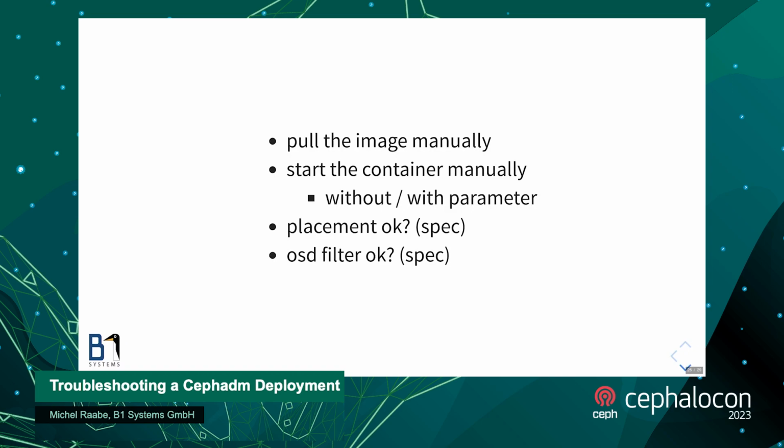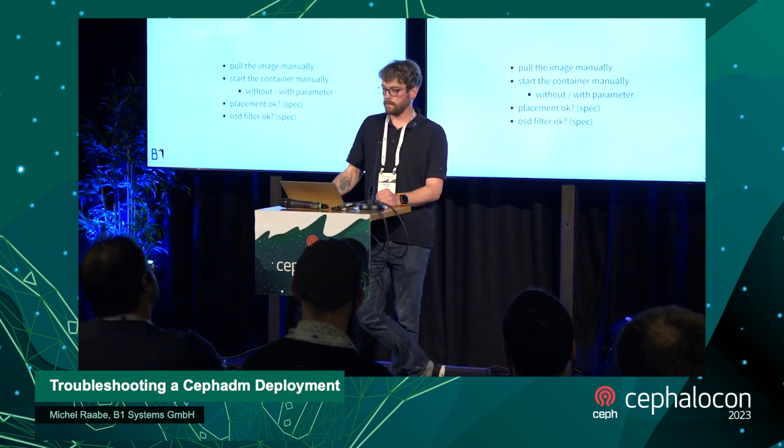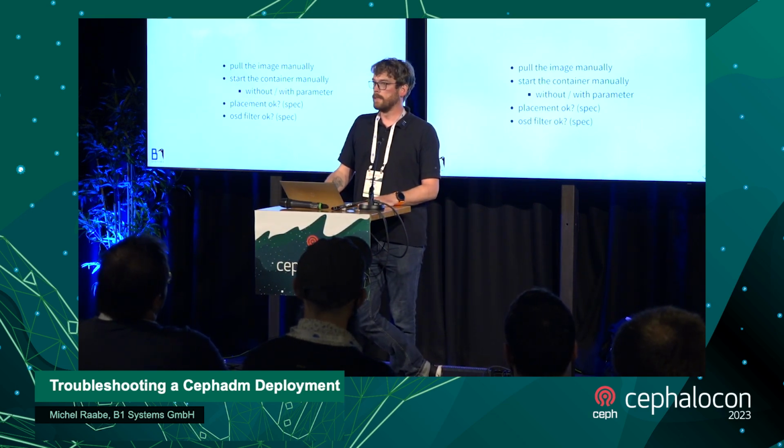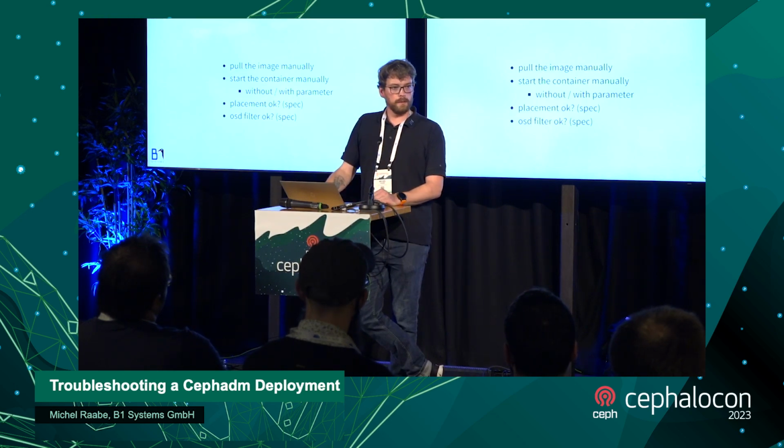Try to pull the container on the specific host. If that works, okay, try to start the container manually. With Snoopy or auditd, you know the parameters. The first shot should be without the parameters, and the second one with parameters. If that's also working, then it can only be on the Ceph side afterwards. If the container starts, then you should check the log files.